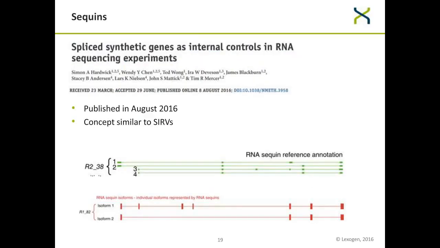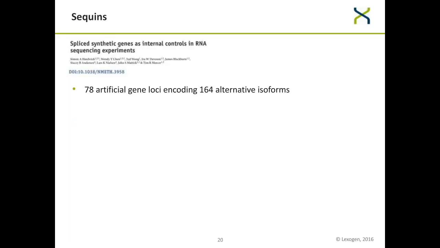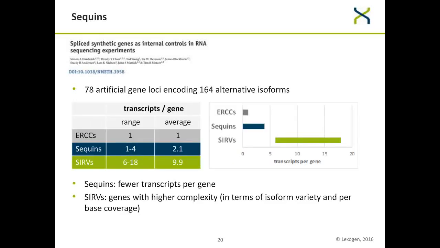Now, talking about spiking isoforms, I also want to mention the sequins. These have been developed by the group of Tim Mercer and colleagues at the Garvan Institute. They were published just about 2 months ago, and they have a similar concept to the SERVs, meaning that they constitute a transcriptome of a given gene. And actually, there are quite a number of genes, so 78 genes encoding for 164 alternative isoforms.